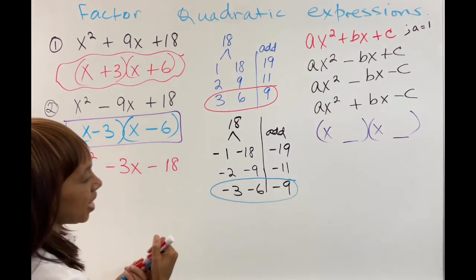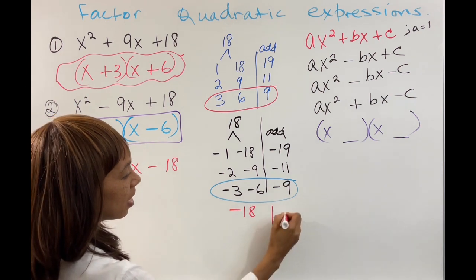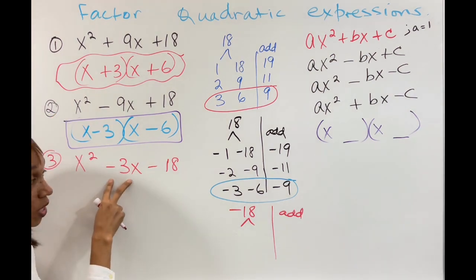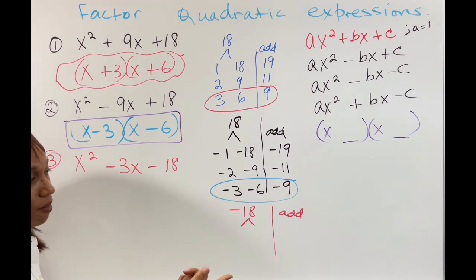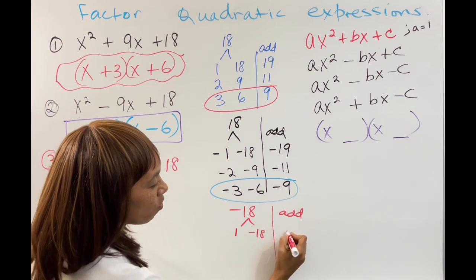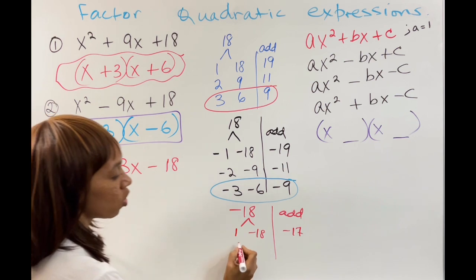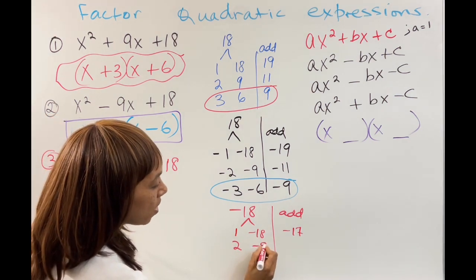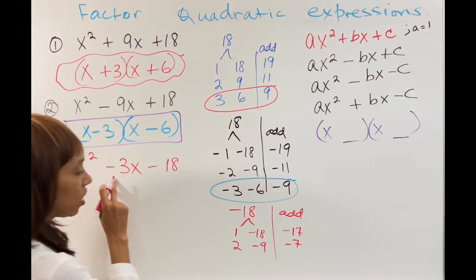So let's try this with -18 here. So the factors of -18, and in order to get this middle term, which is negative, my larger factor is going to be negative. So I can start out with 1 and -18, and that will give me -17. I'm not looking for -17. I can go to 2 and -9. That is going to give me -7. That is not what I'm looking for.